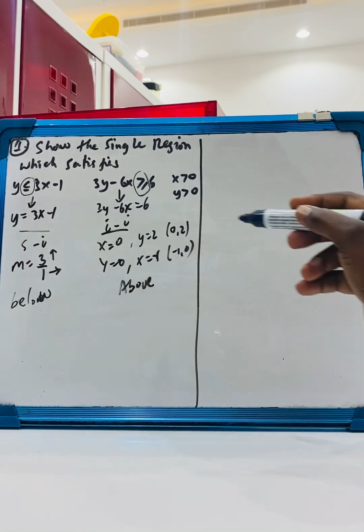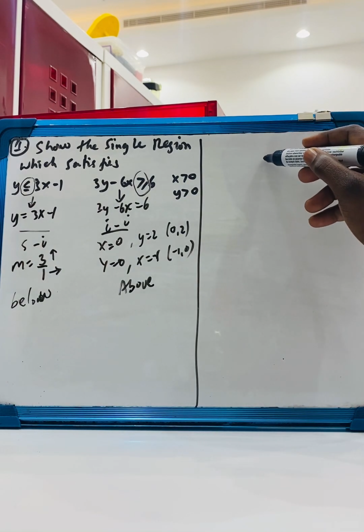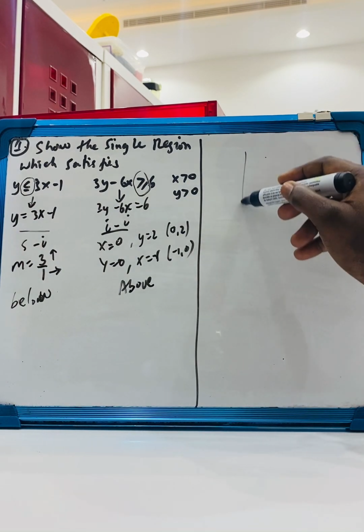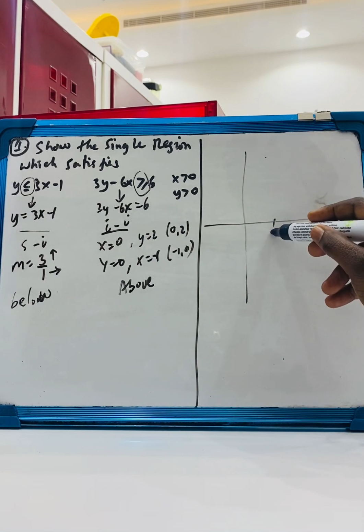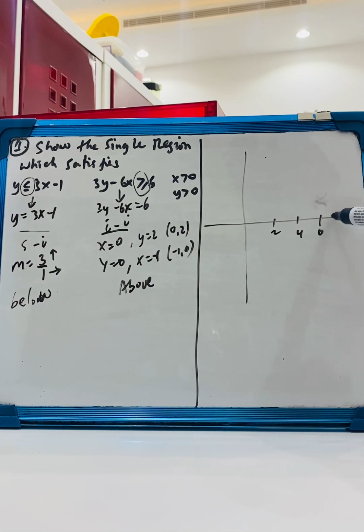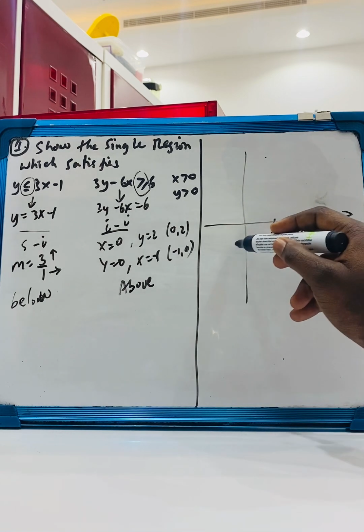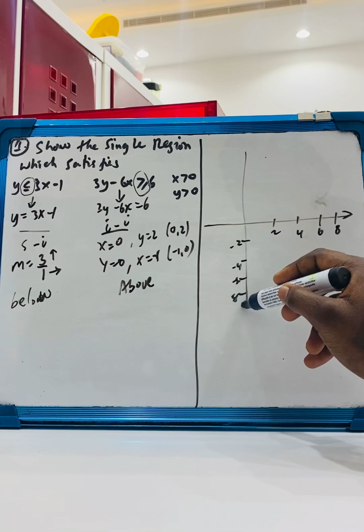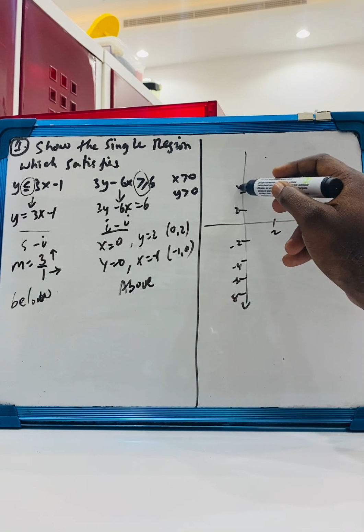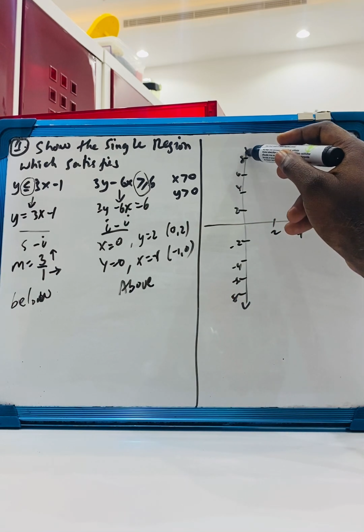I need to draw the lines. I'll draw the lines here. 2, 4, 6, and 8. Negative 2, negative 4, negative 6, and negative 8. 2, 4, 6, and 8 here also.